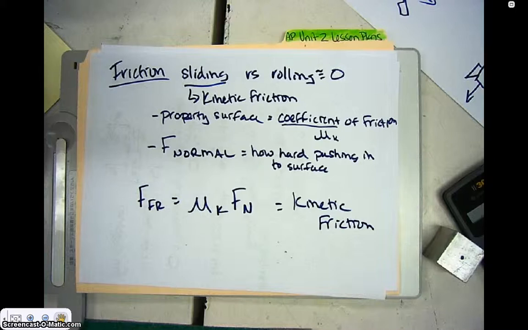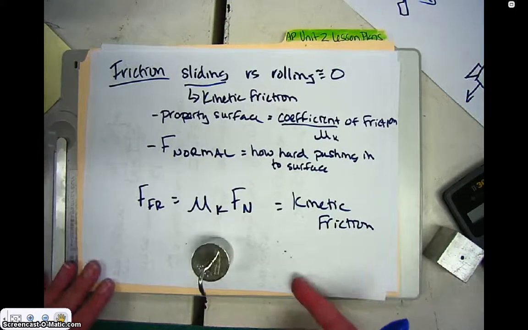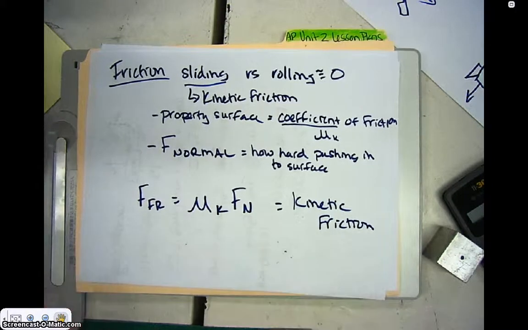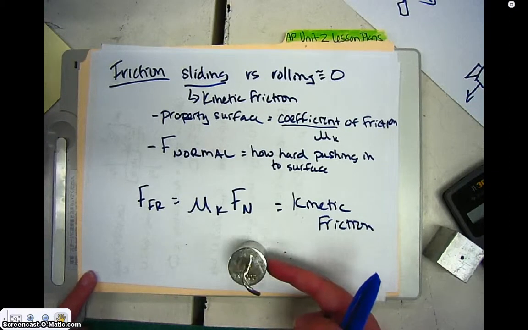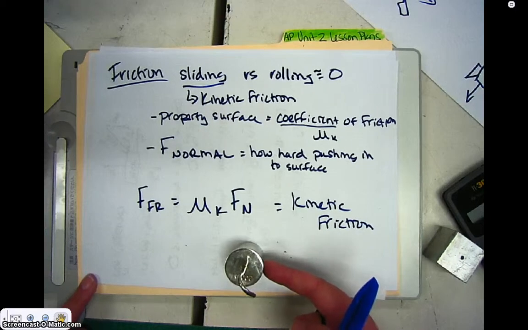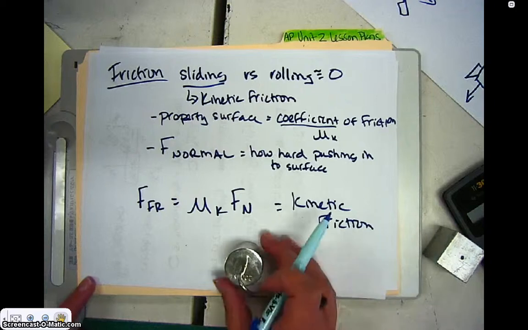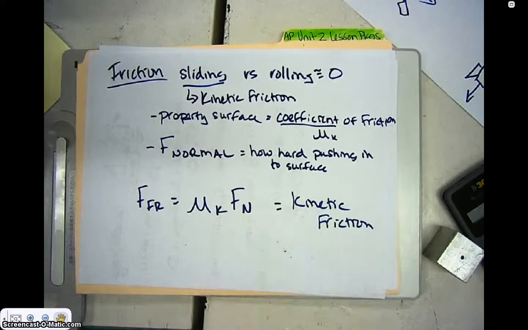Now, friction doesn't only occur when something is moving. If I have this sitting here and I push, so I'm applying some force to it, it's not going anywhere. And we know that friction is causing it not to move. That must be the opposing force that's keeping this thing from accelerating across the paper.